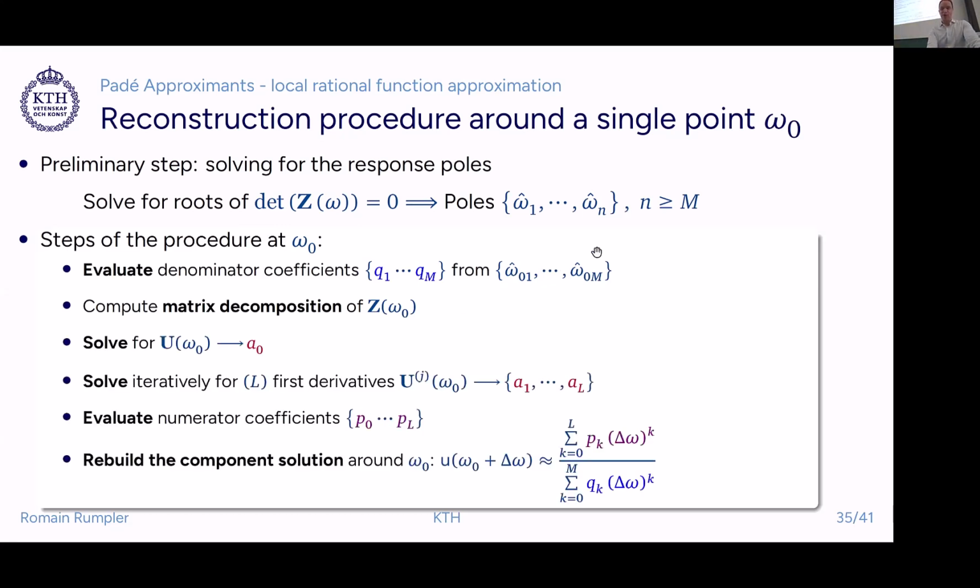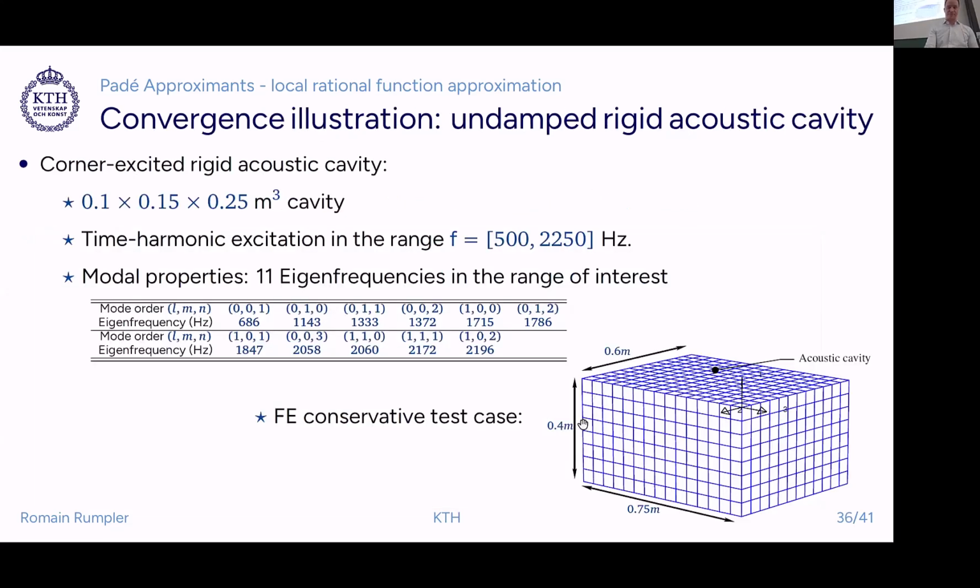Let's assume that we have the poles, the eigenfrequencies. We can then determine the denominator coefficients of the series expansion. Then we still have to solve for a set of Taylor coefficients, but many fewer of them in this case, just associated with the numerator order of the expansion. And then we can rebuild the solution thanks to the eigenfrequencies and the Taylor coefficients.